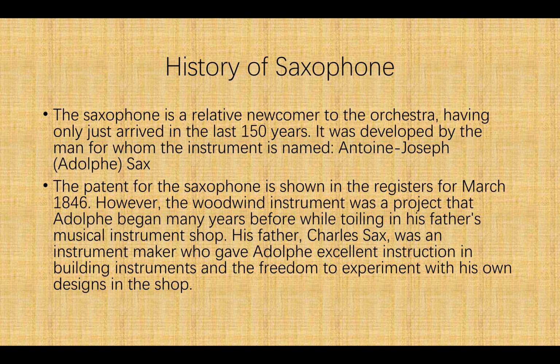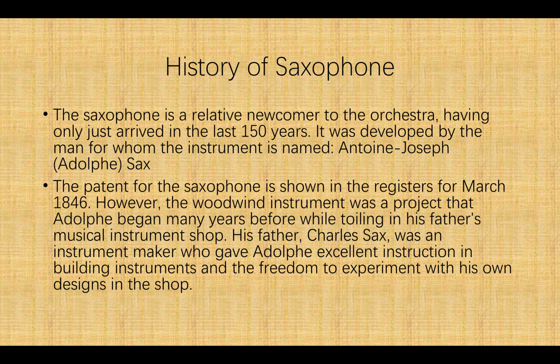The saxophone is a relative newcomer to the orchestra, having only arrived in the last 115 years. It was developed by the man for whom the instrument is named, Antoine Joseph Sax. The patent for the saxophone is shown in the register for March 1846.